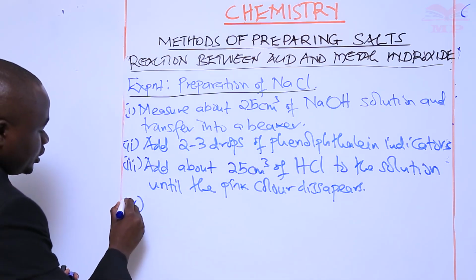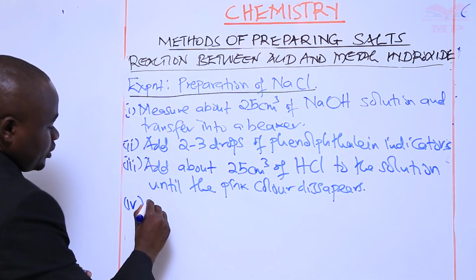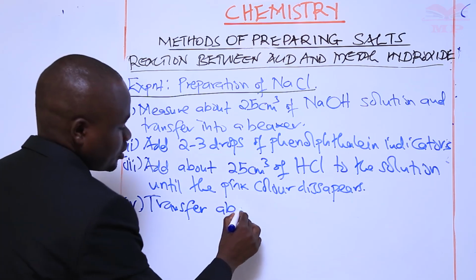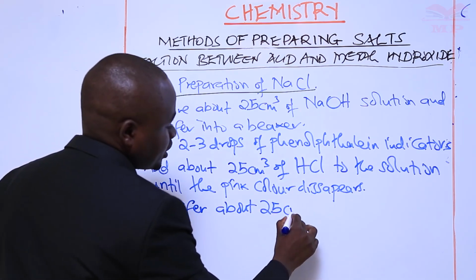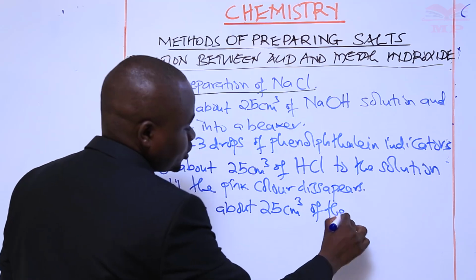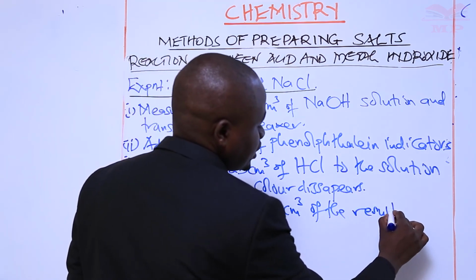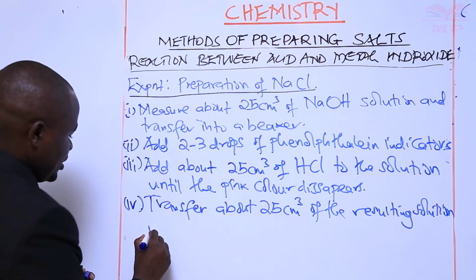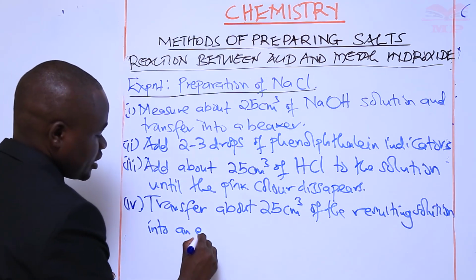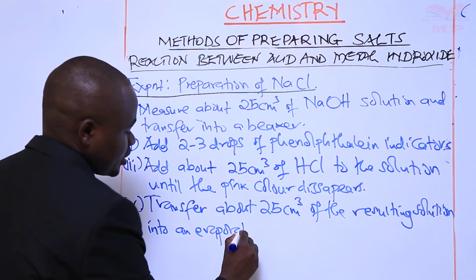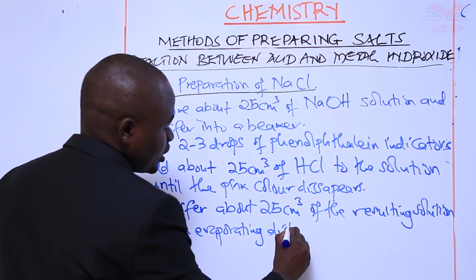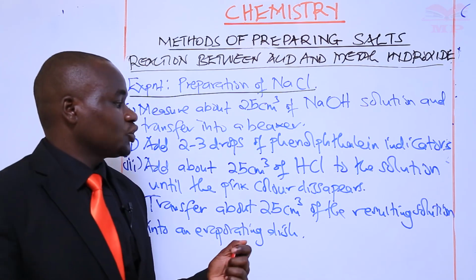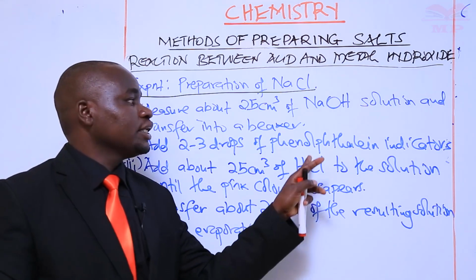Fourth point, transfer about 25 centimeters cubed of the resulting solution into an evaporating dish. Now remember, the resulting solution is the product of the reaction between hydrochloric acid and sodium hydroxide.